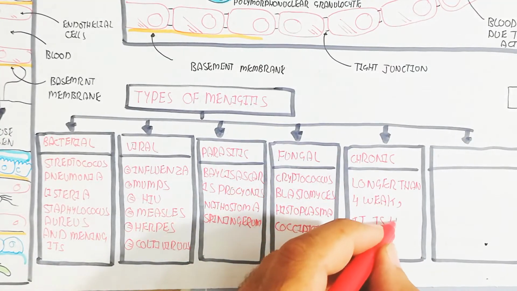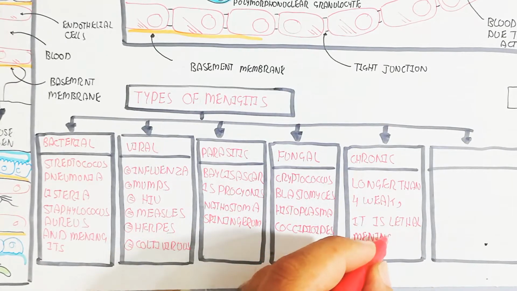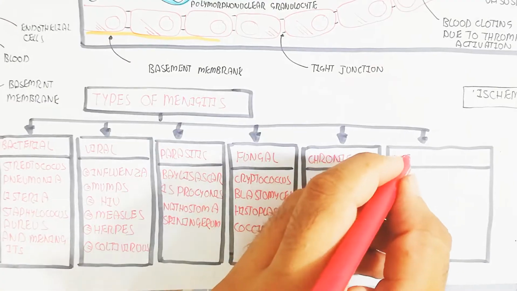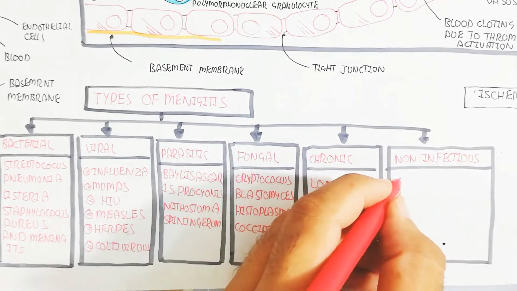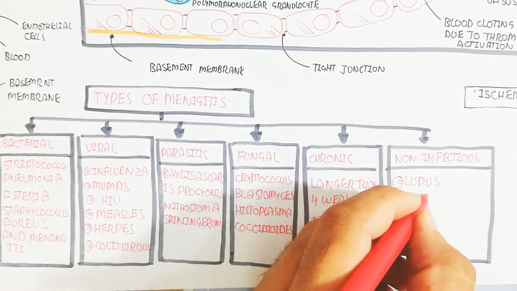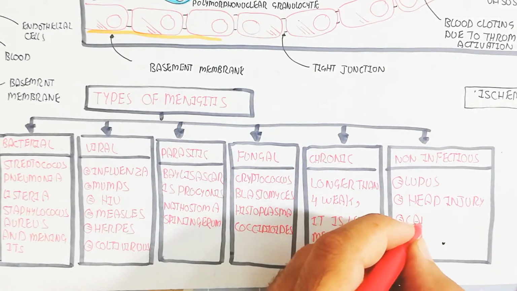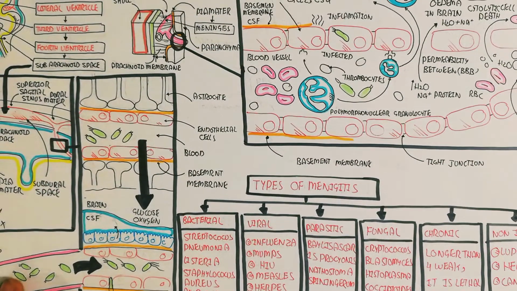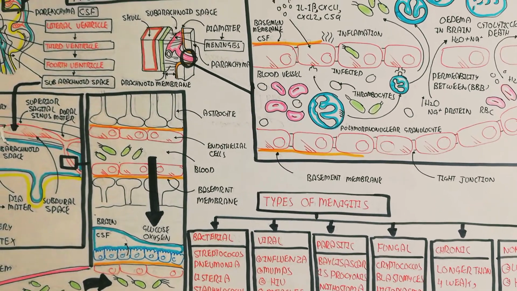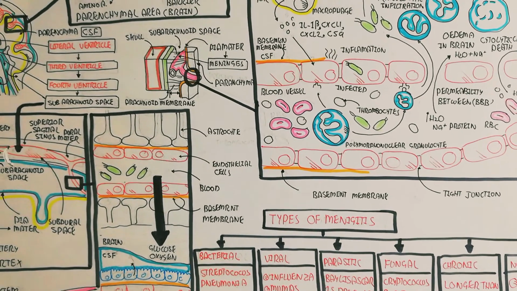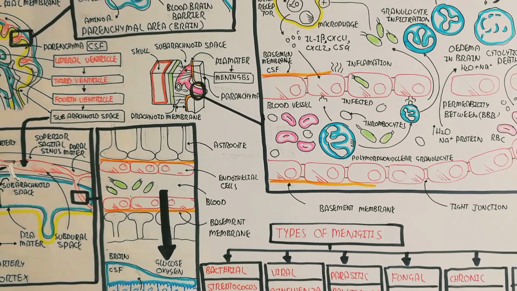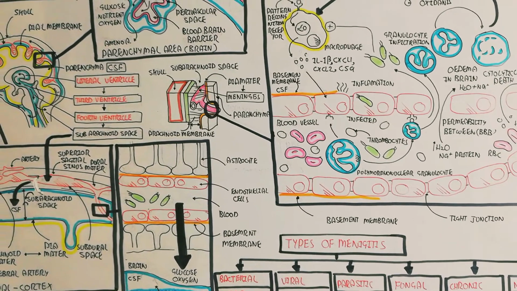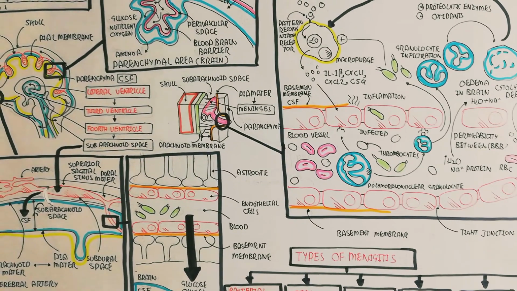And on the other hand, chronic meningitis lasts longer than 4 weeks, and it is lethal. Non-infectious causes can be lupus, head injury, cancer, and medication. All of this is related to what we had discussed about bacterial meningitis. So bacterial meningitis is due to bacterial infection via entry into the cerebrospinal fluid.